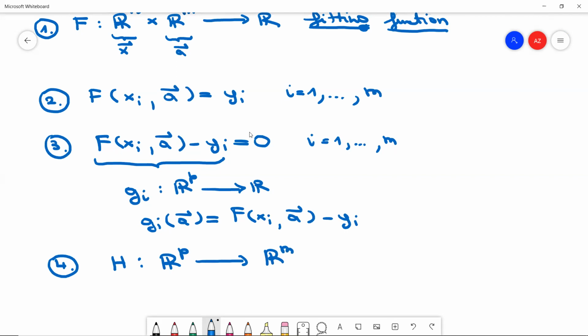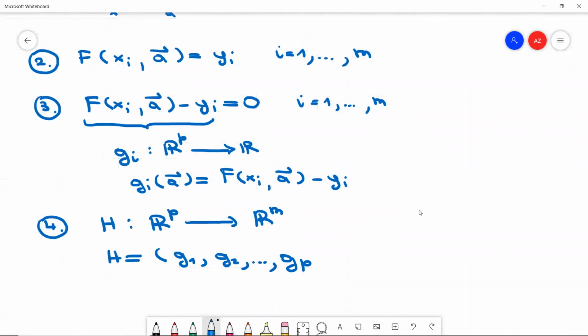For each constraint, we have one component. And this H is just a function with coordinates, which are those G's. Not P, but M.